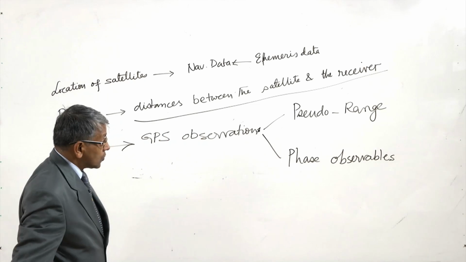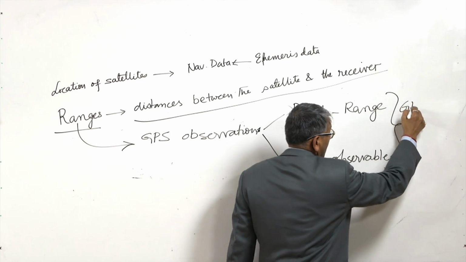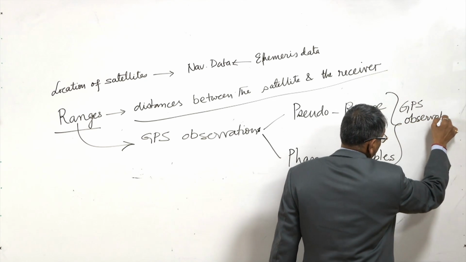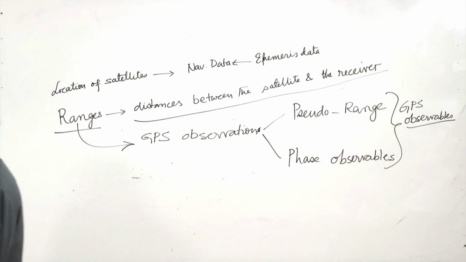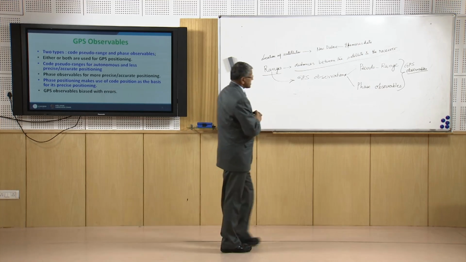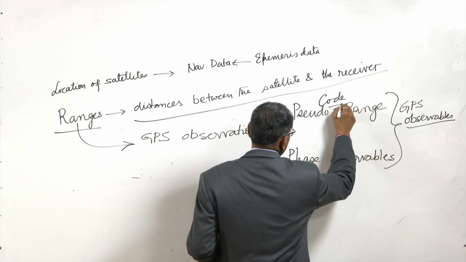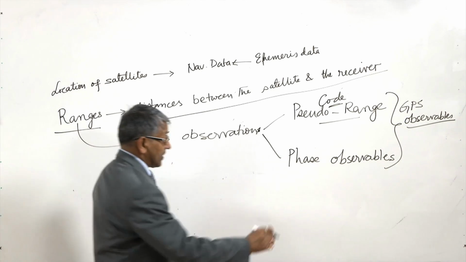And these two constitute the GPS observables. So, GPS observables are nothing but the code pseudo range or pseudo range, and the phase observable.